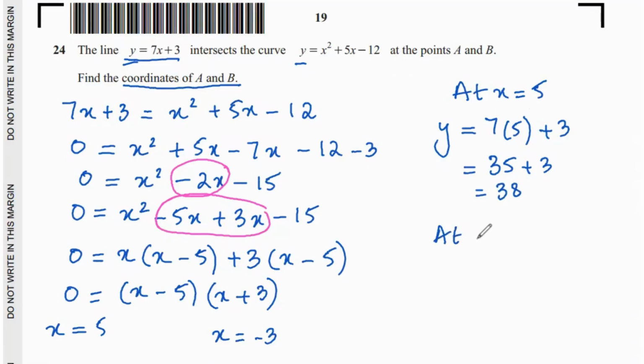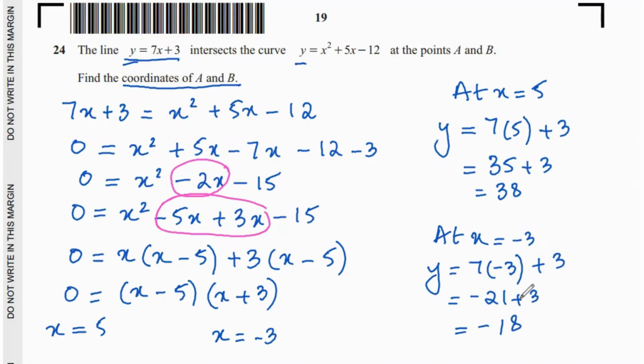Then at x equals negative 3, y equals 7 times negative 3 plus 3. Negative 21 plus 3, and that's going to be negative 18. So one coordinate is 5, 38, and the other is negative 3 and negative 18.